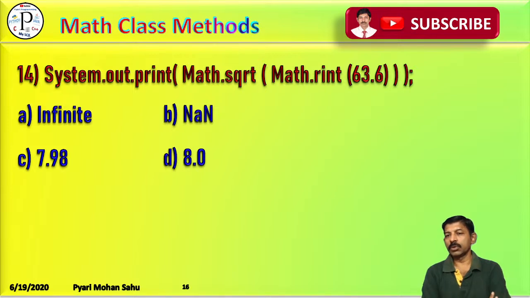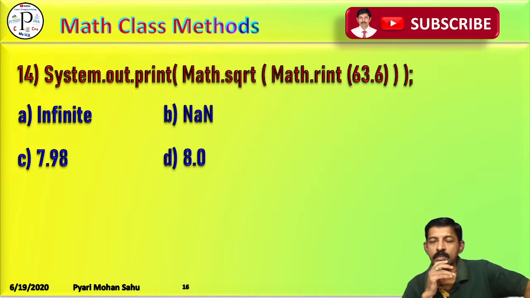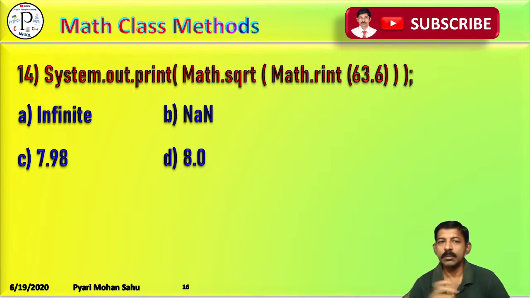You are not getting my question. What should I change in the rint part? What should I change in the rint parameter part so that I will get 7.98? Did you get my question? 63. Anything that is 5 or below 5.